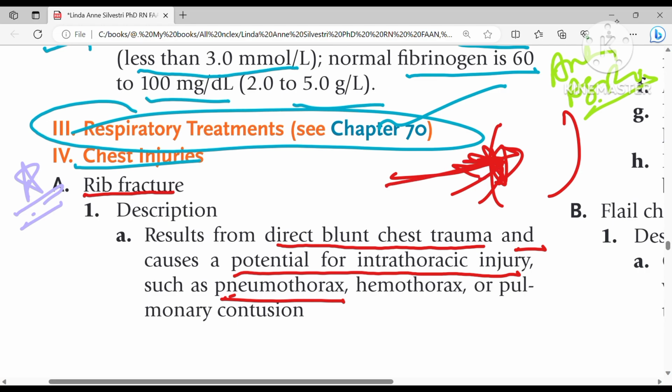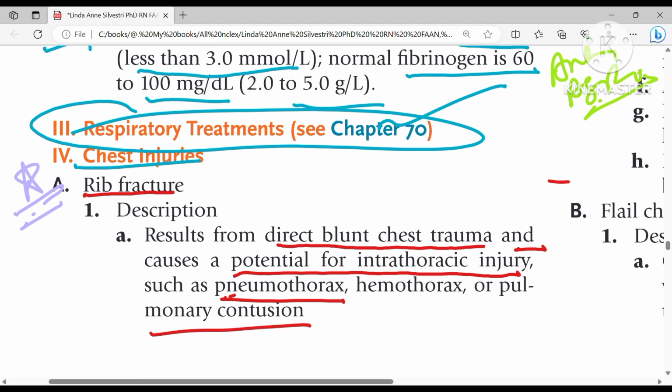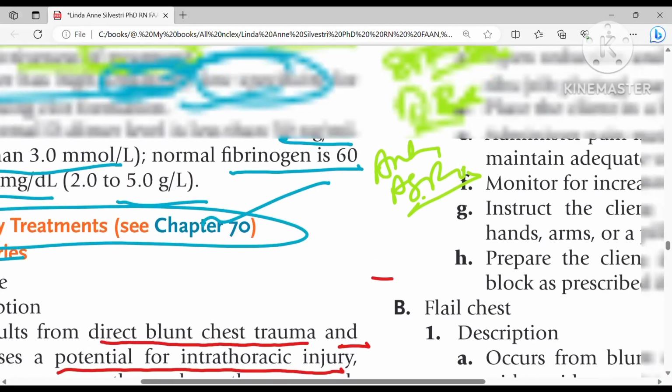Anything that hits the lungs or chest can cause a fracture, which can lead to pneumothorax, hemothorax or pulmonary contusion due to this blunt chest trauma.